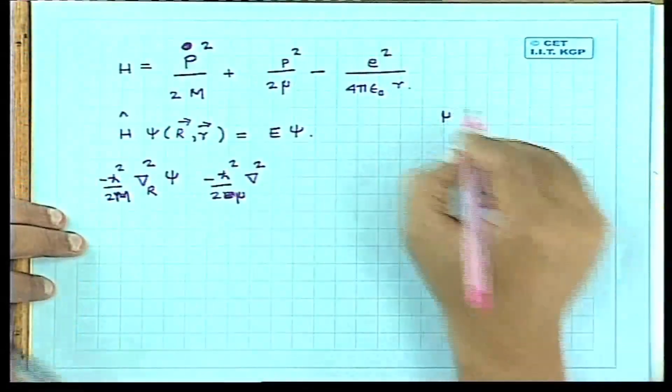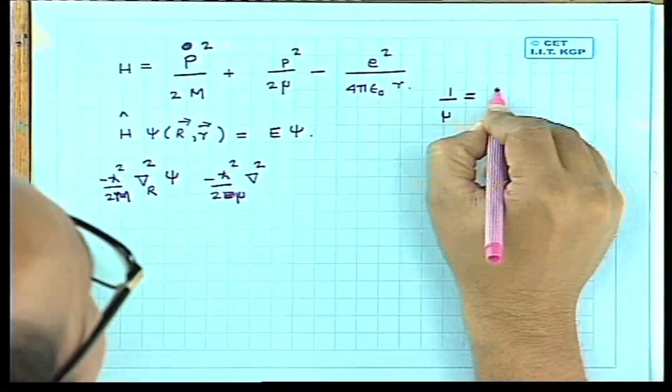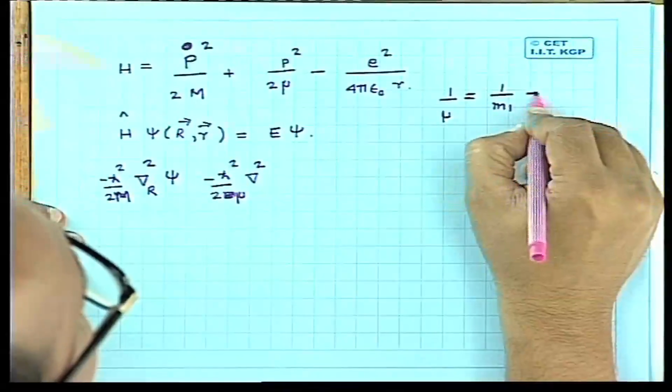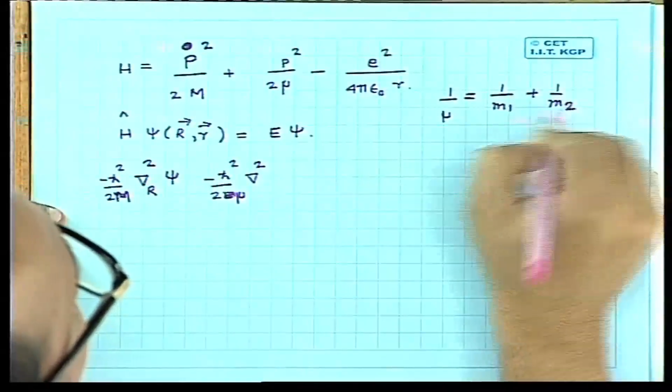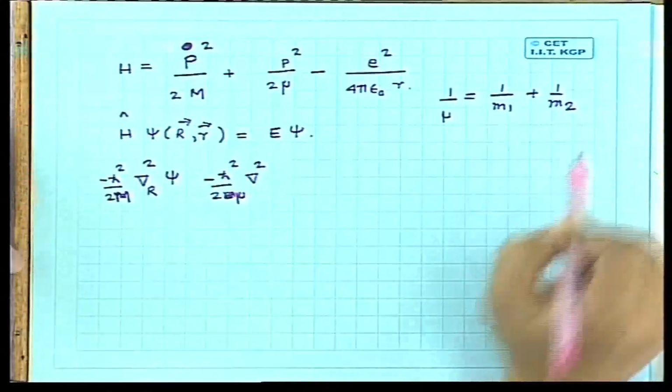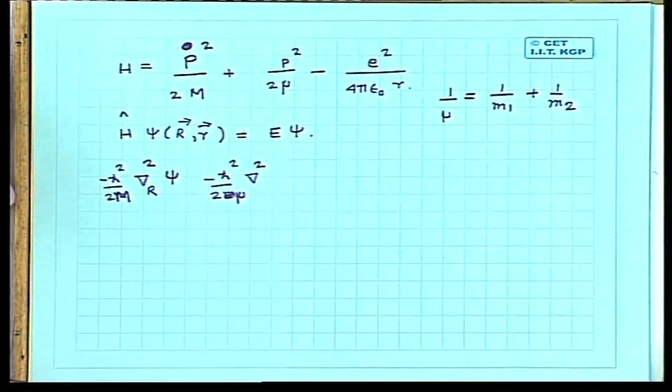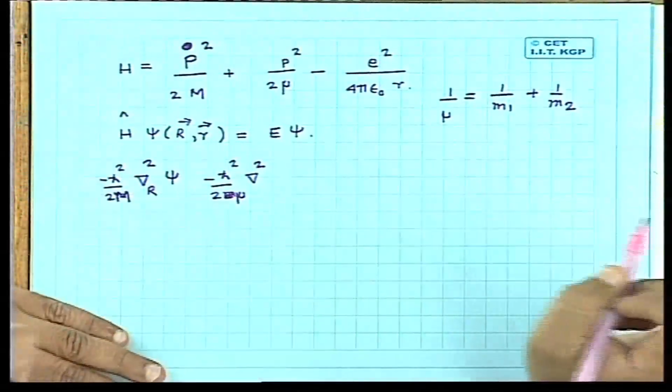So mu is the effective mass, the reduced mass: 1 by mu is equal to 1 by m1 plus 1 by m2. So mu is the reduced mass.